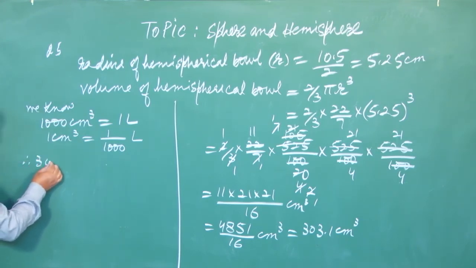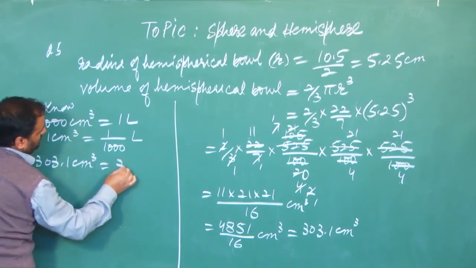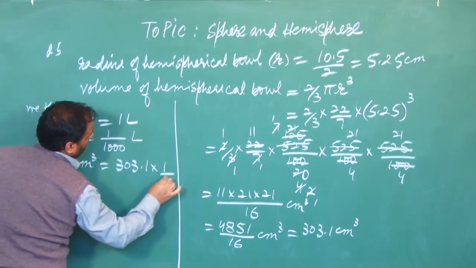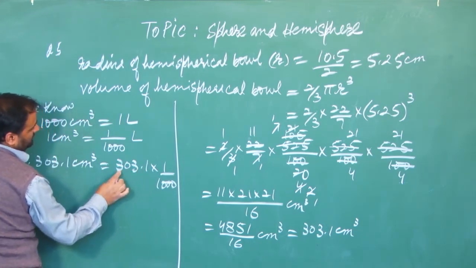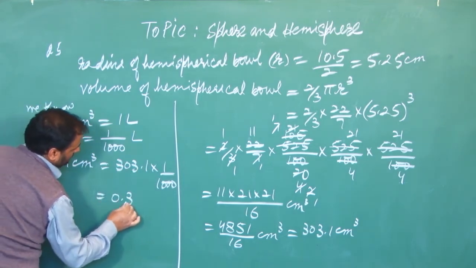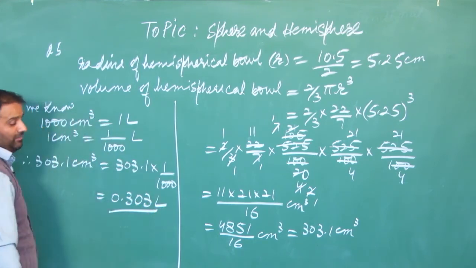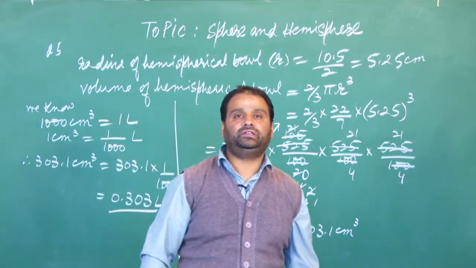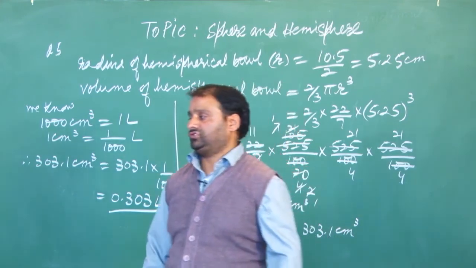Therefore, 303.1 centimeter cube is equal to 303.1 multiplied by 1 by 1000, which is 0.303 liters. So, the amount of milk held by this hemispherical bowl will be 0.303 liters. Hope you understand this type of question also.